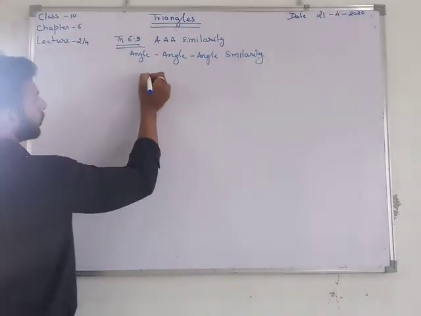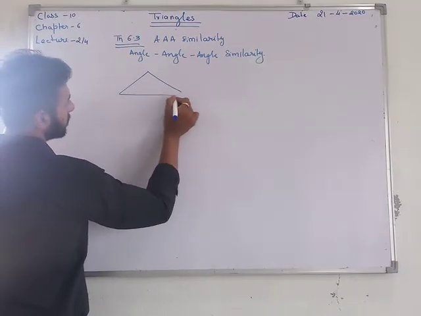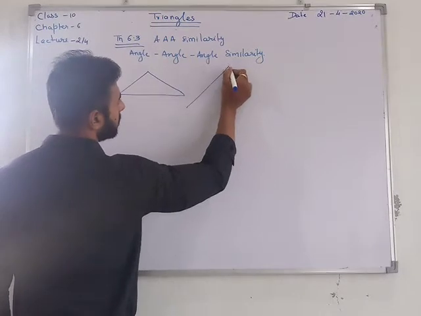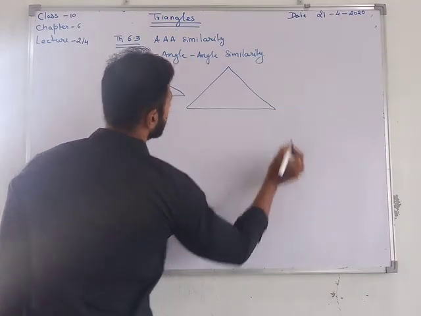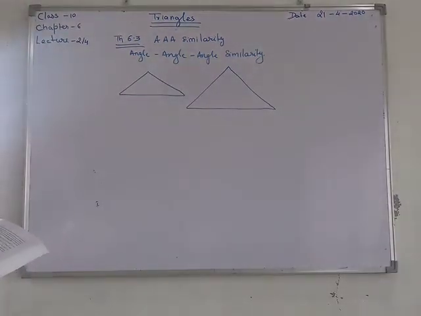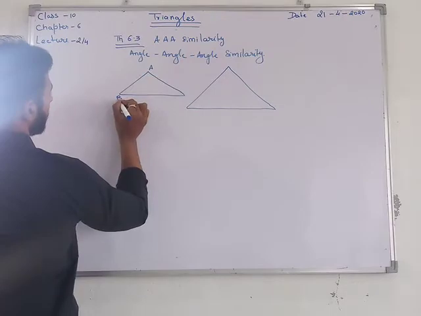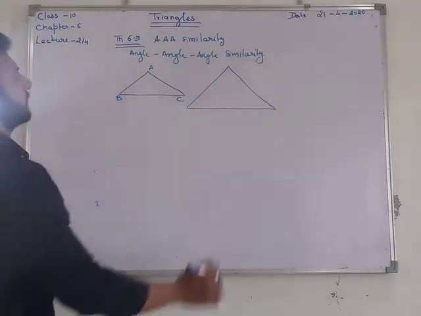We are given two triangles, triangle ABC and triangle DEF.